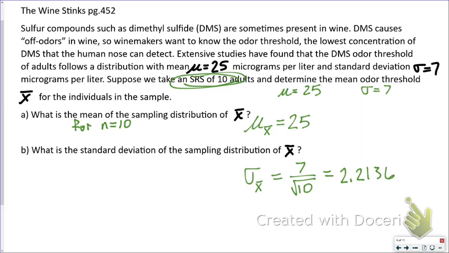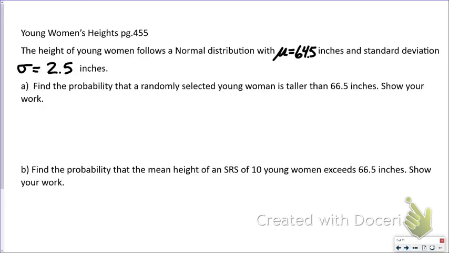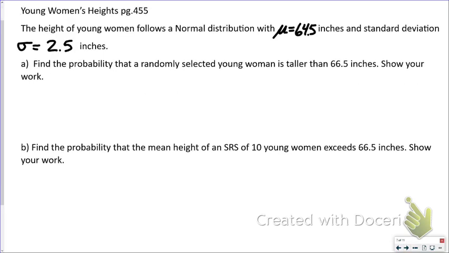All right, let's talk about young women's heights again. So this problem right here is a really good example of why we are able to make predictions and do statistics. They tell us that heights are normally distributed.